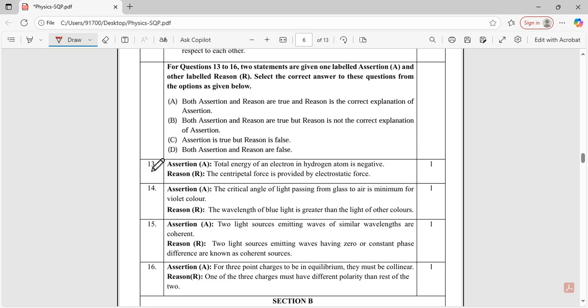Question number 13. The total energy of an electron in a hydrogen atom is negative. The centripetal force is provided by the electrostatic force. Okay, that's the important point here.